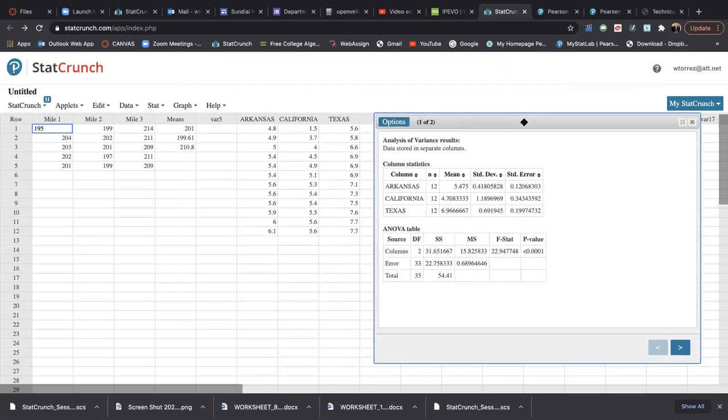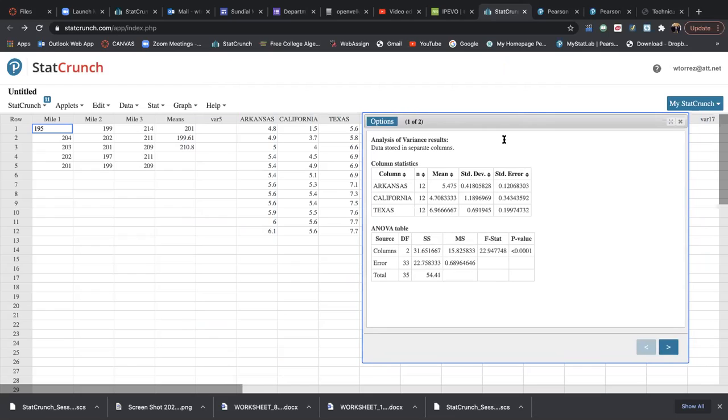Okay, so here's our result from StatCrunch. And the sample sizes are 12 for each of the 3 states. Here we've calculated the sample means and the standard deviations, okay? All right. So are these means significantly different or not? Well, let's look at the FSTAT. The FSTAT is pretty high. The p-value is very low.